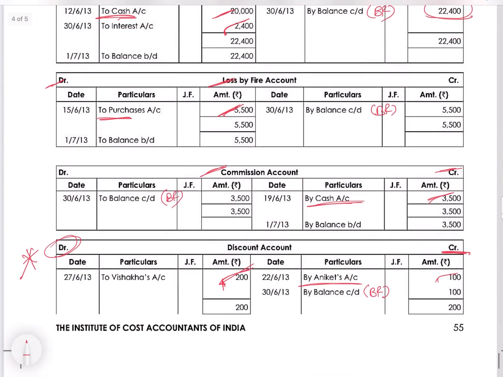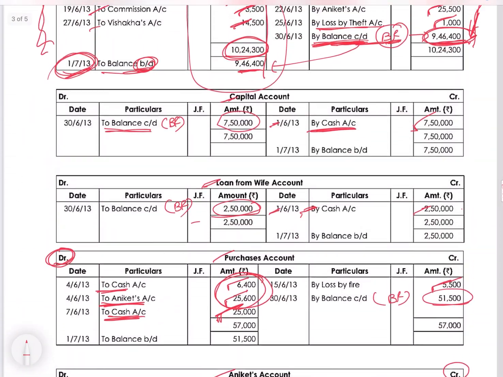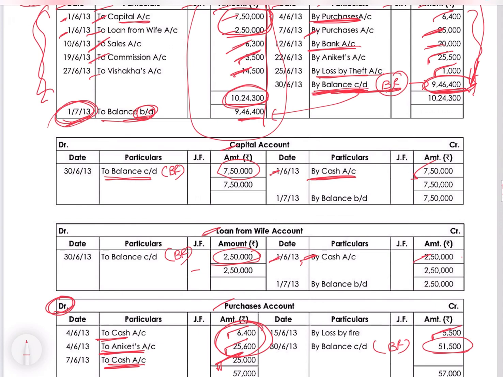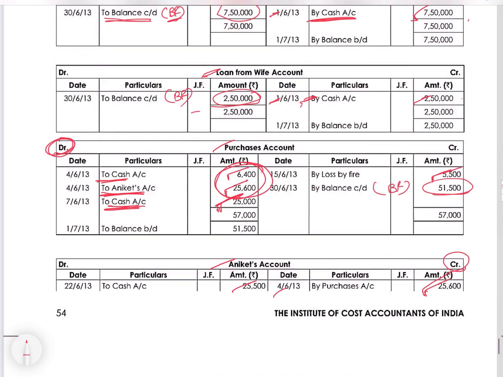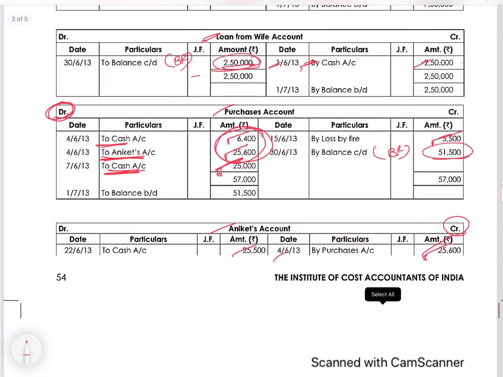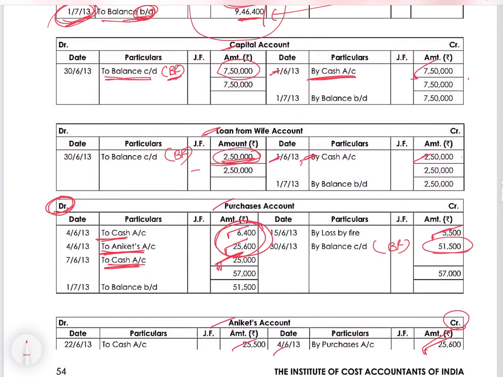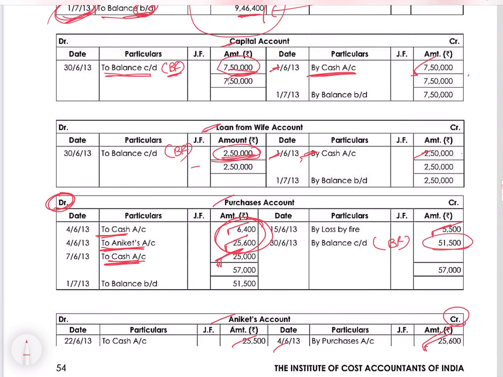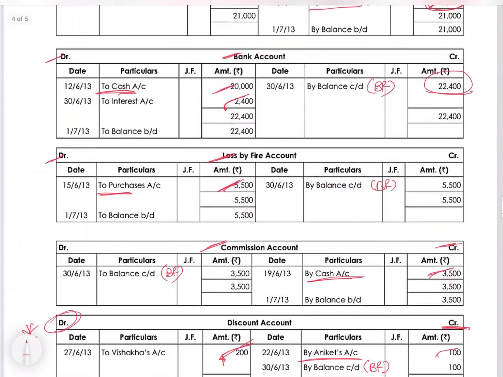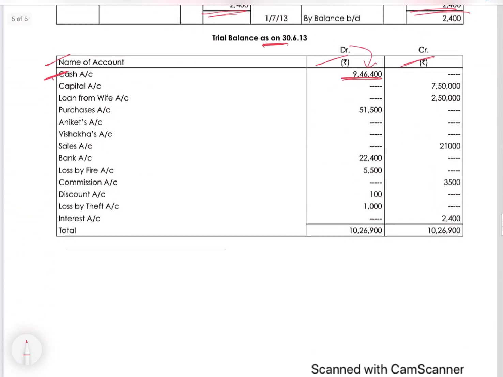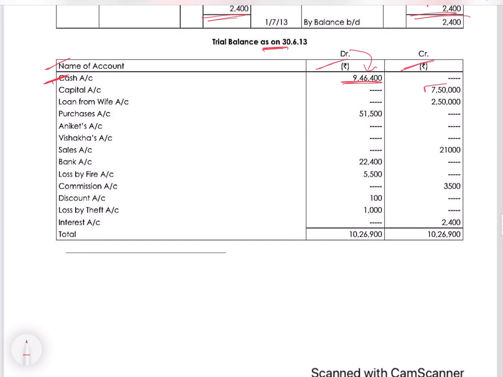Now the second one, capital. The balancing figure is on the debit side, which means my credit side is heavier. So the capital account has a credit balance of, sorry, 7,50,000. I'll write credit balance, capital account, 7,50,000.